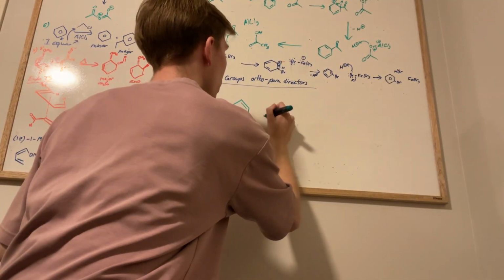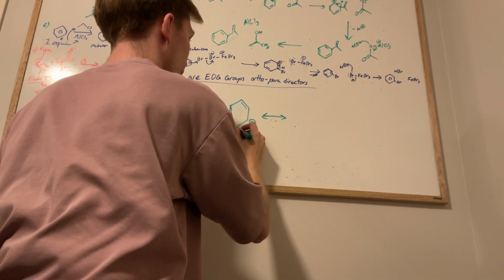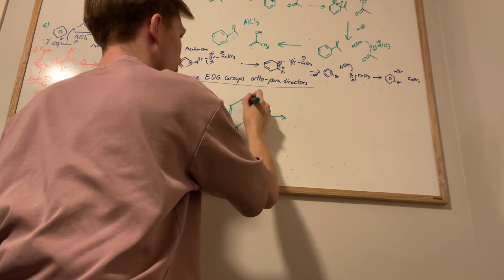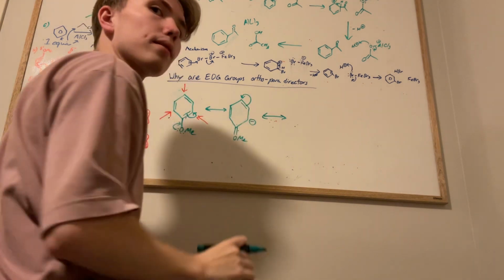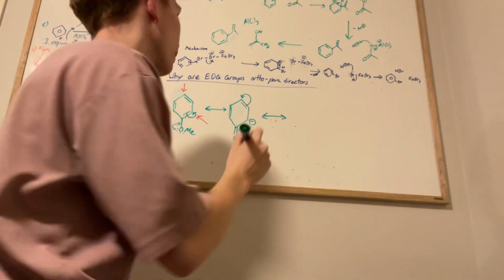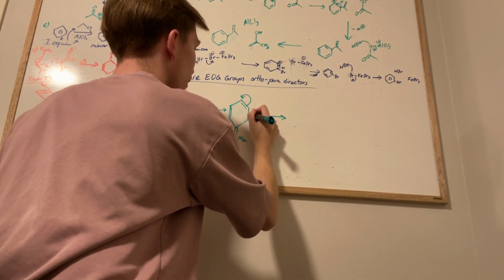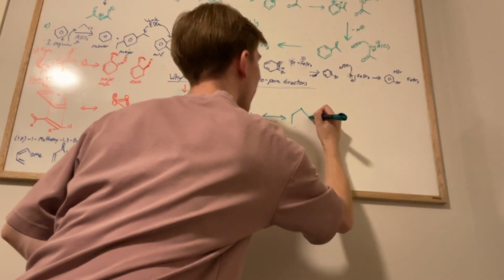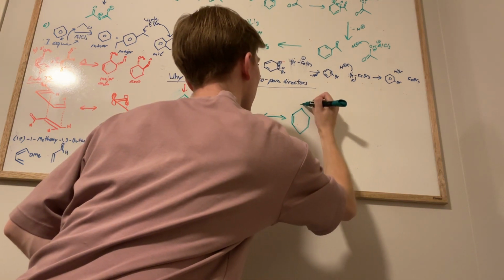What we would do is take this pi bond up here and place it onto the carbon there, and move this charge back into a pi bond. Excuse me if I'm blocking the view.